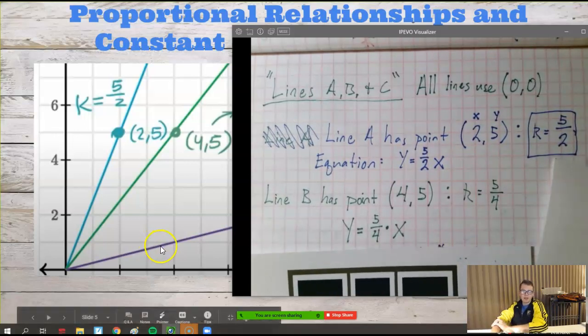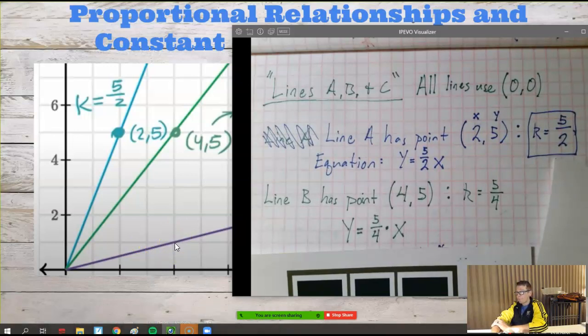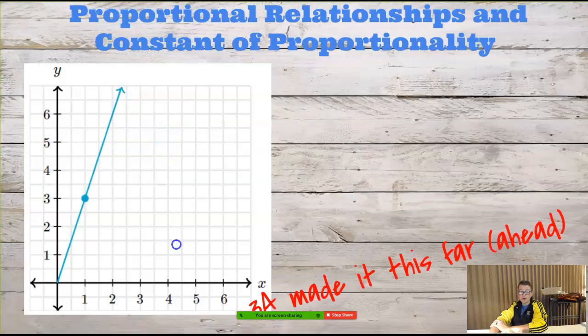What is this point on purple if we use that point? You guys know that if you participate, we would be done with class sooner, right? 4, 1. Yeah, it's 4, 1.